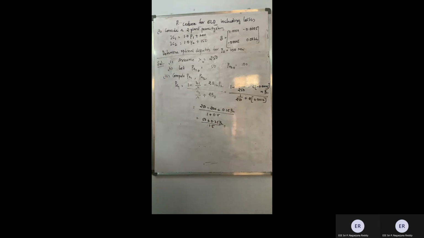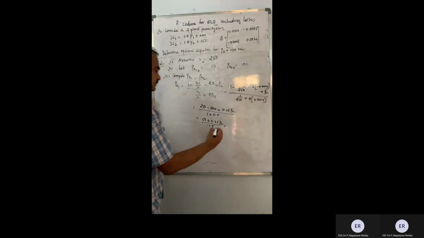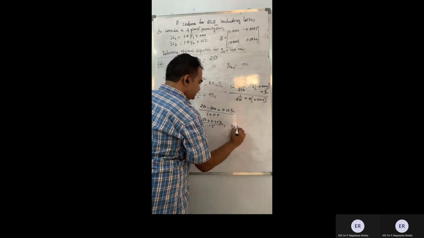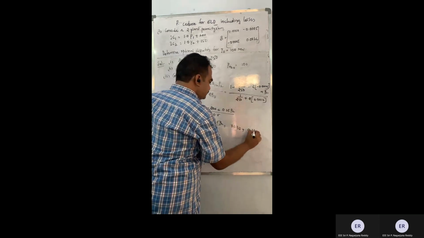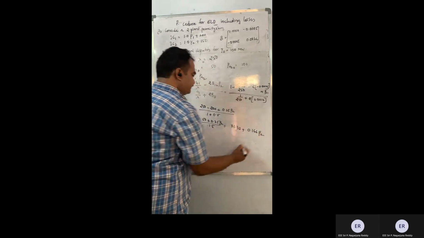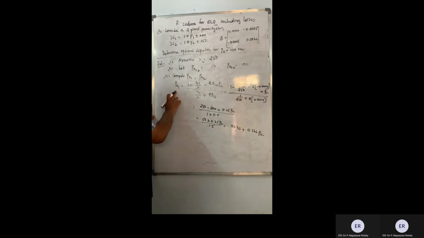So I will simplify it again: by 1.5 it is 33.33 plus 0.166 P2. So this is the expression for Pg1.